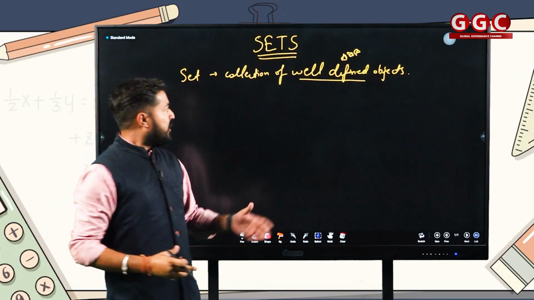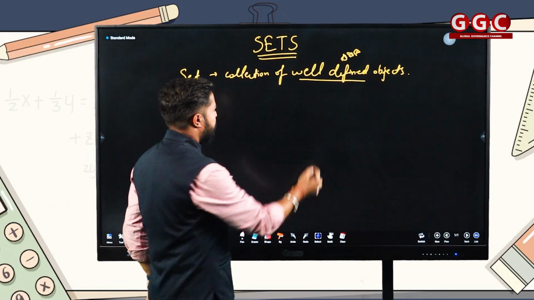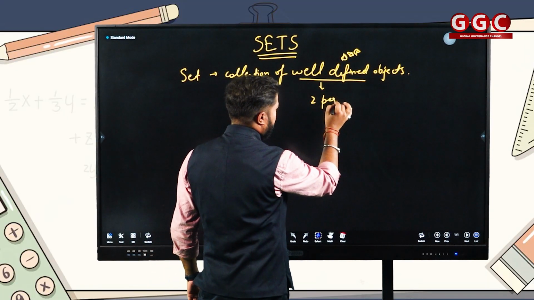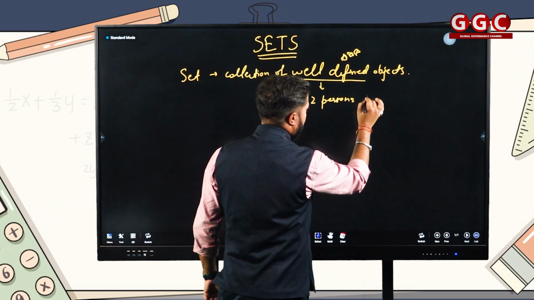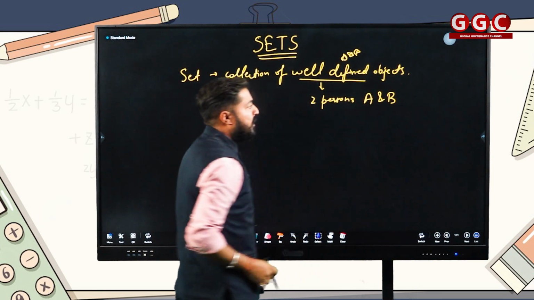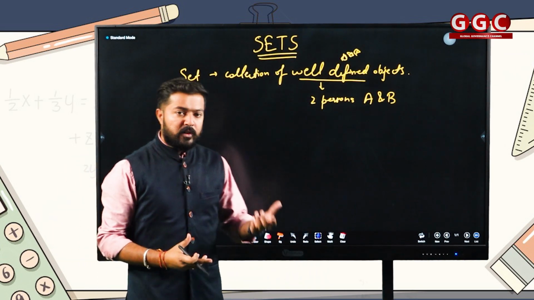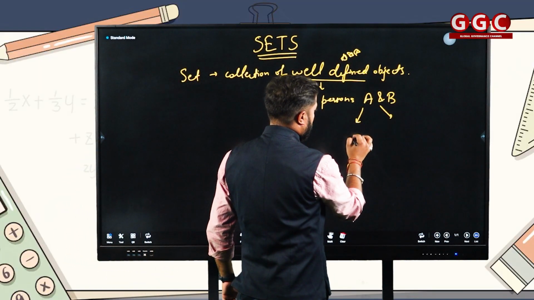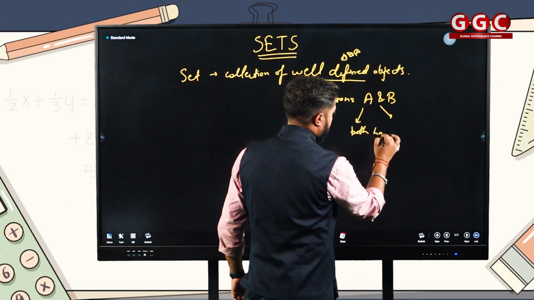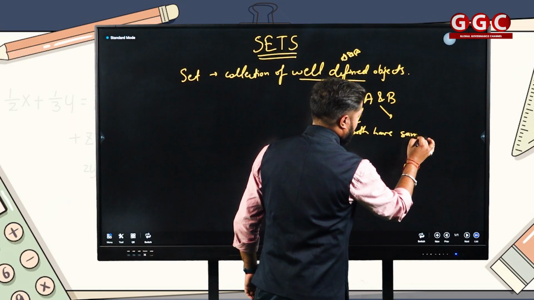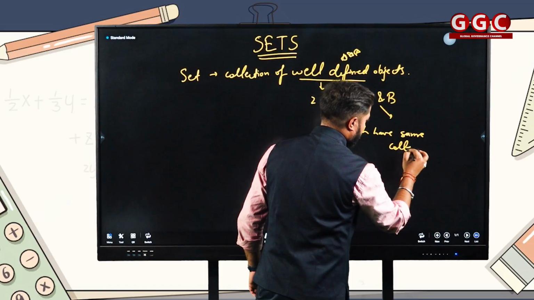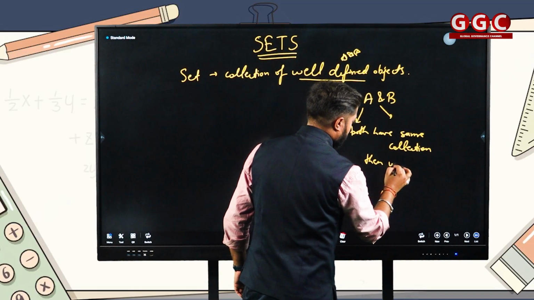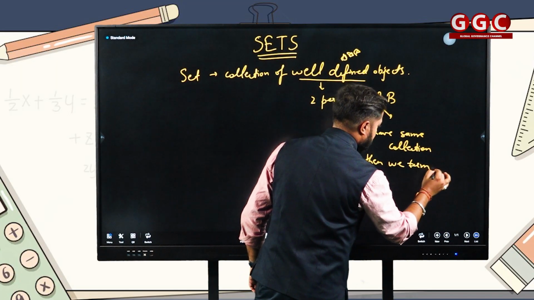Well defined means, suppose you have two persons A and B and they are told to collect some objects. If A and B both have same collection, then we term that collection as set.